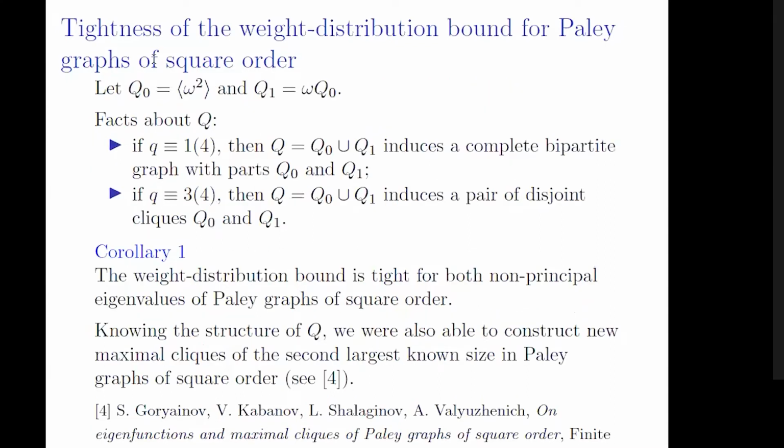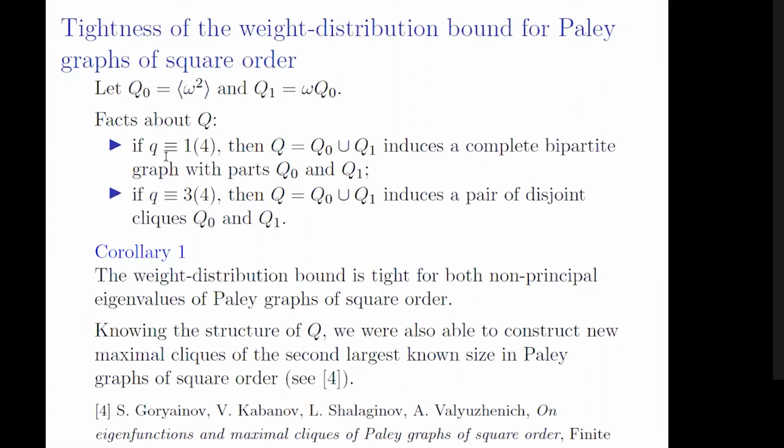So we observed these properties of Q, and also we considered the subgroup of index 2 in Q. Let Q0 denote this subgroup, and let Q1 denote the other coset.